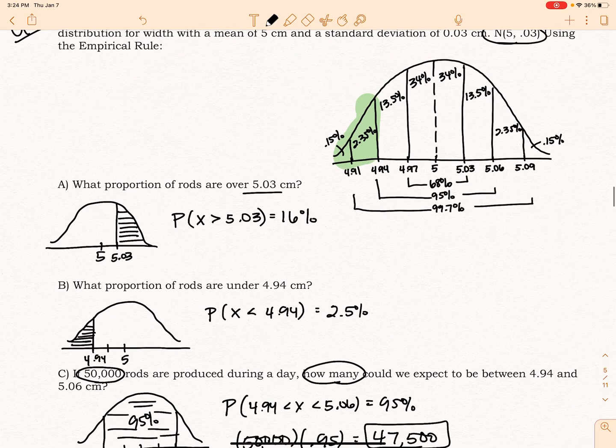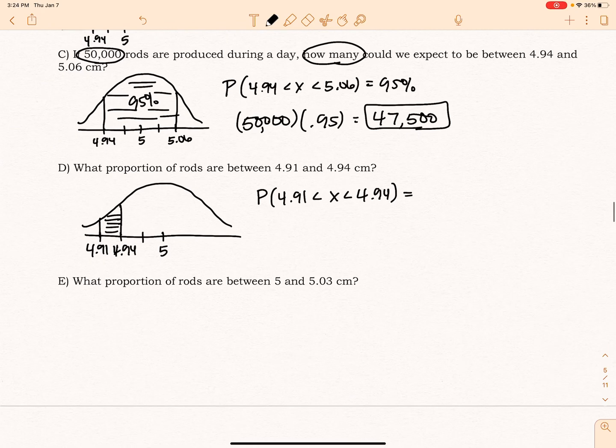And then, of course, on my graph, oops, did not mean to get rid of all of that. On my graph, that is going to be right here. So that's going to be 2.35%.